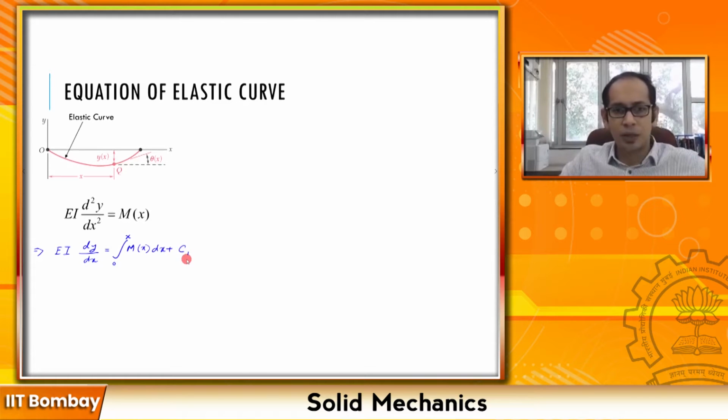Here c1 is the constant of integration, and you must also remember one thing, that here we are assuming that your beam is prismatic, that your I doesn't change. So this assumes that the beam is prismatic. If the beam is not prismatic, then in that particular case your I also has to be inside, and this integral has to be M of x divided by I of x.